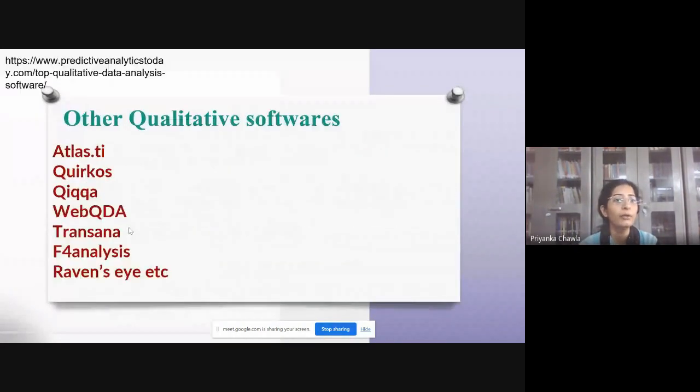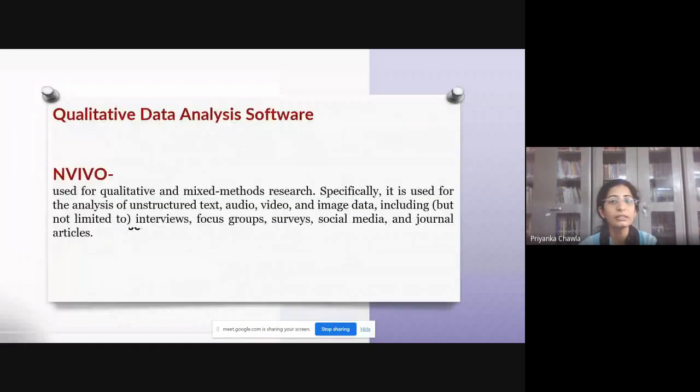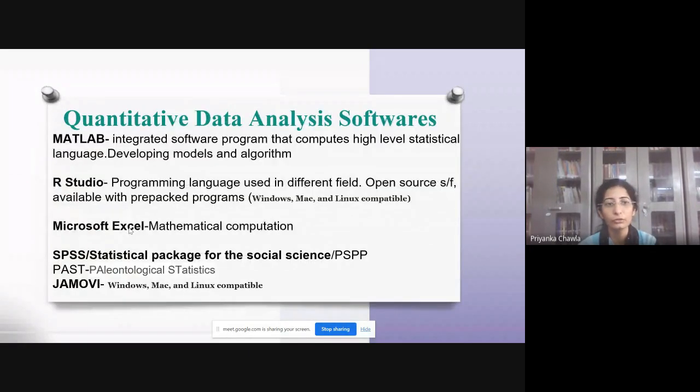I told you about some tools and techniques. These are some of the tools, the analysis software part. If I talk about quantitative data, these are some software which we use generally. MATLAB is a software program. RStudio is open source software and again a programming language. Microsoft Excel is used for mathematical computation, and we can use it for statistical computation too.